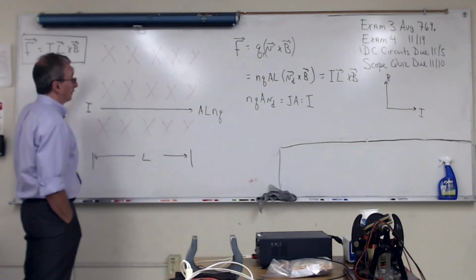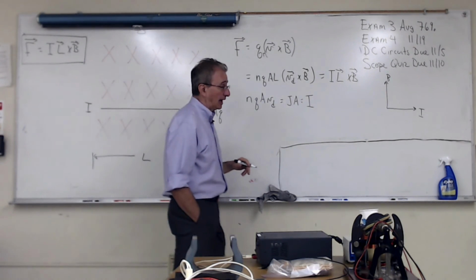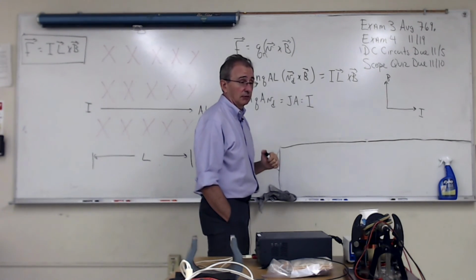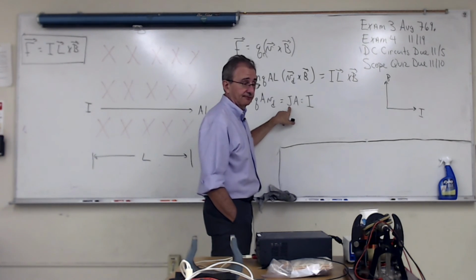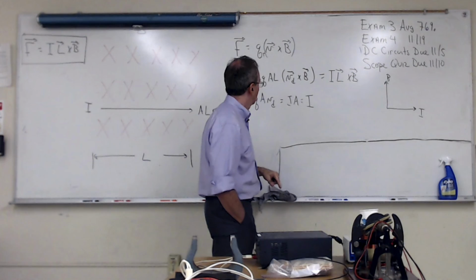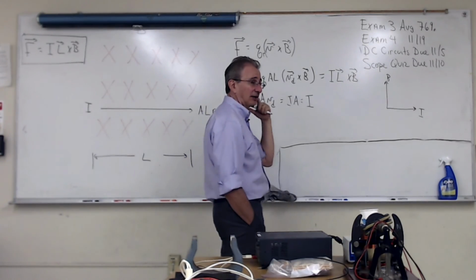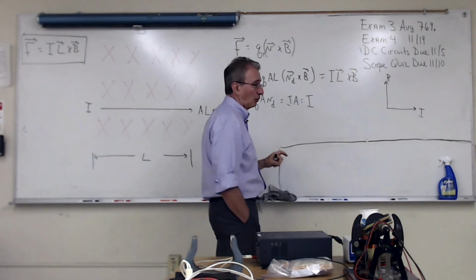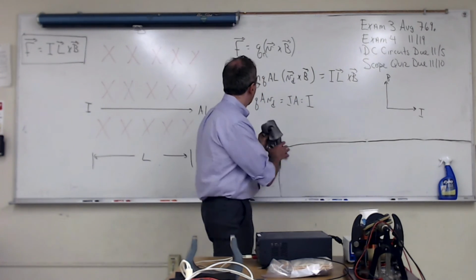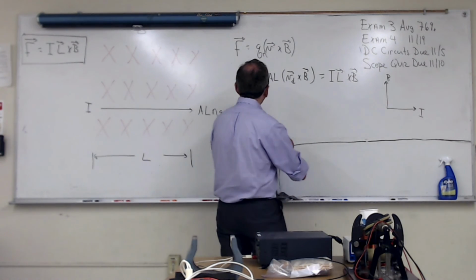And this assumes that the field is uniform. This equation assumes that, number one, the field is uniform, and the current density is uniform. If it is not uniform, and we're not going to do those problems here, then I can only calculate the force on an element of volume in the wire. If it's not uniform, then I'm going to write it like this.